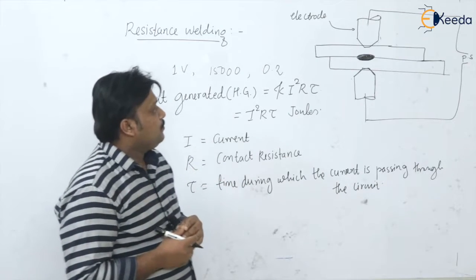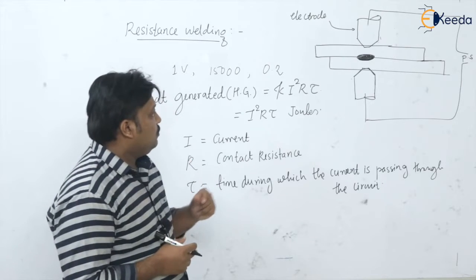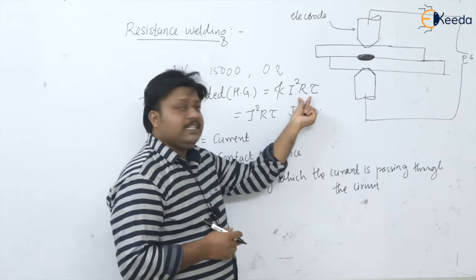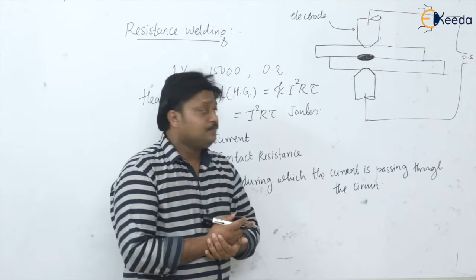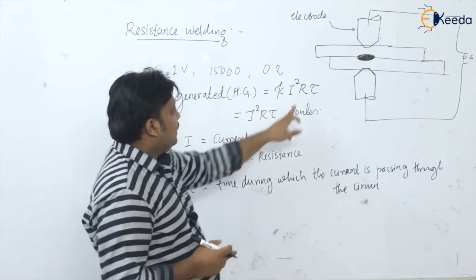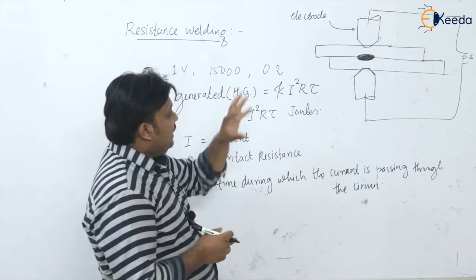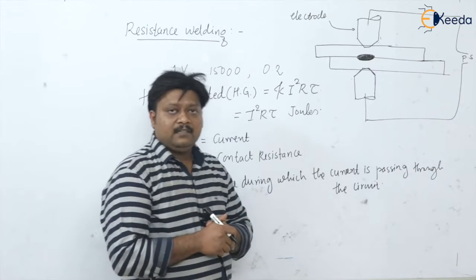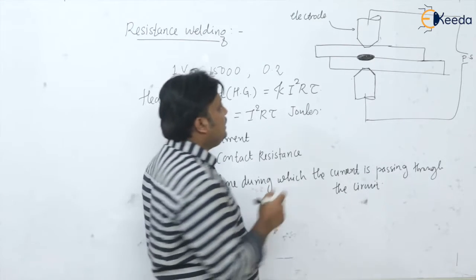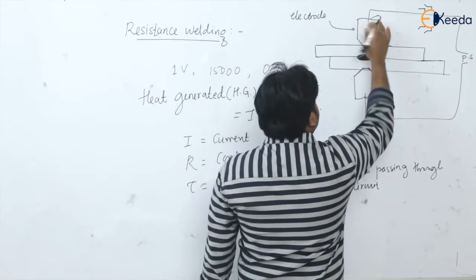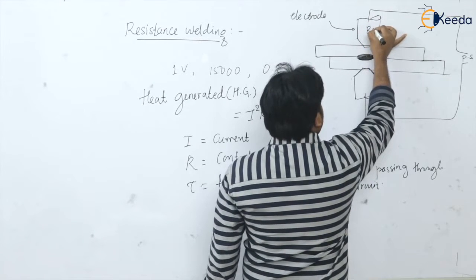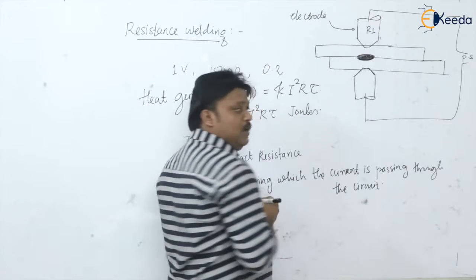But right now, we are going to understand the very complex factor in resistance welding, R. If you look at the diagram, how many resistances are there? Here is the resistance of the electrode, I will write it R1.